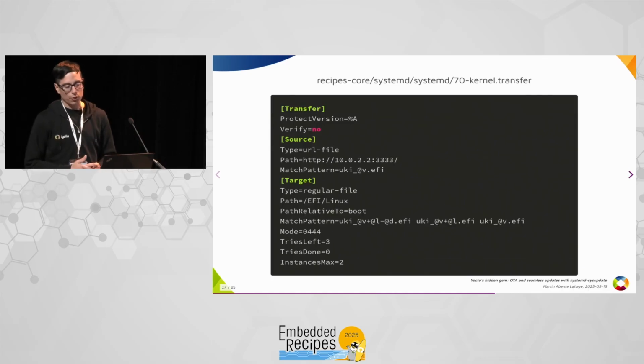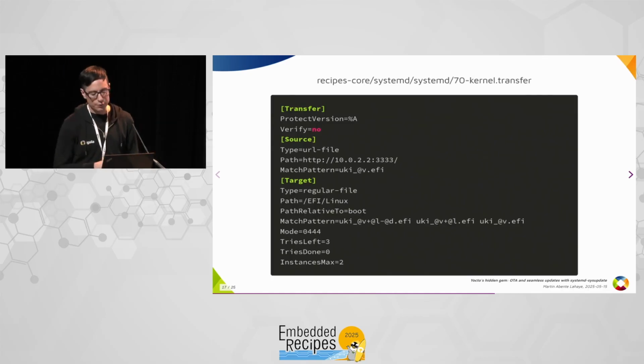The same thing goes for the kernel. We have the Transfer, we have the Source, but for this one, the target is just a regular file, which is going to live under the boot partition, under the EFI Linux path, and then I have all these different patterns to identify it. The last one is the basic one, but the others are the ones you could potentially see if boot assessment is running.